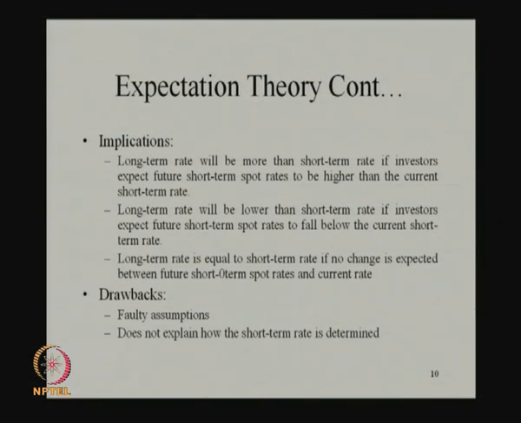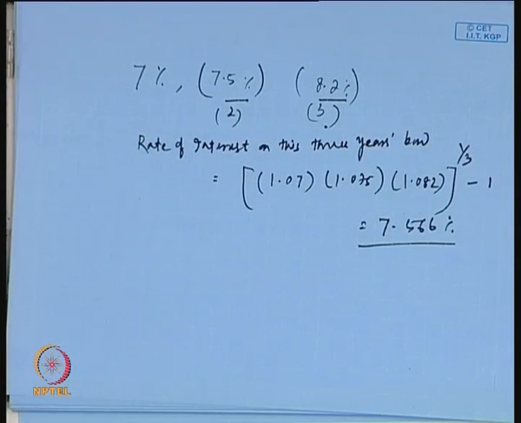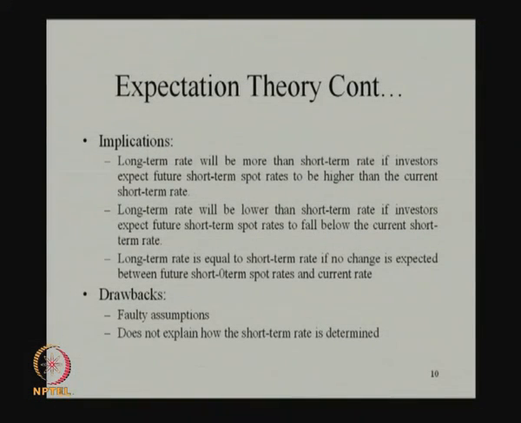Then the long term rate is equal to the short term rate if no change is expected between future short term spot rates and the current rate. Let the 7% continue over the period of time, there would be no change, then the short term interest rate will be equal to the long term rate.